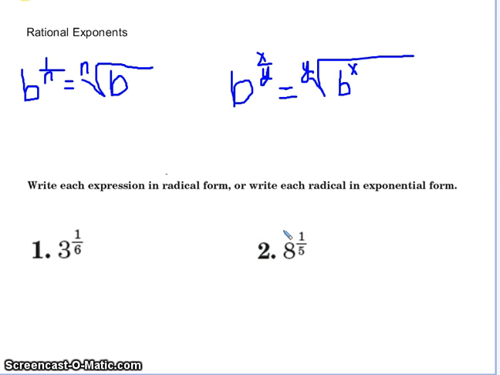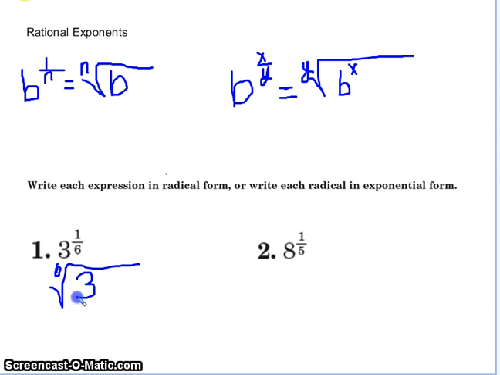Our directions tell us to write each expression in radical form, or write each radical in exponential form. So if we just have a 1 in our numerator and a 6 in the denominator, then what this means is that we want the 6th root of 3.